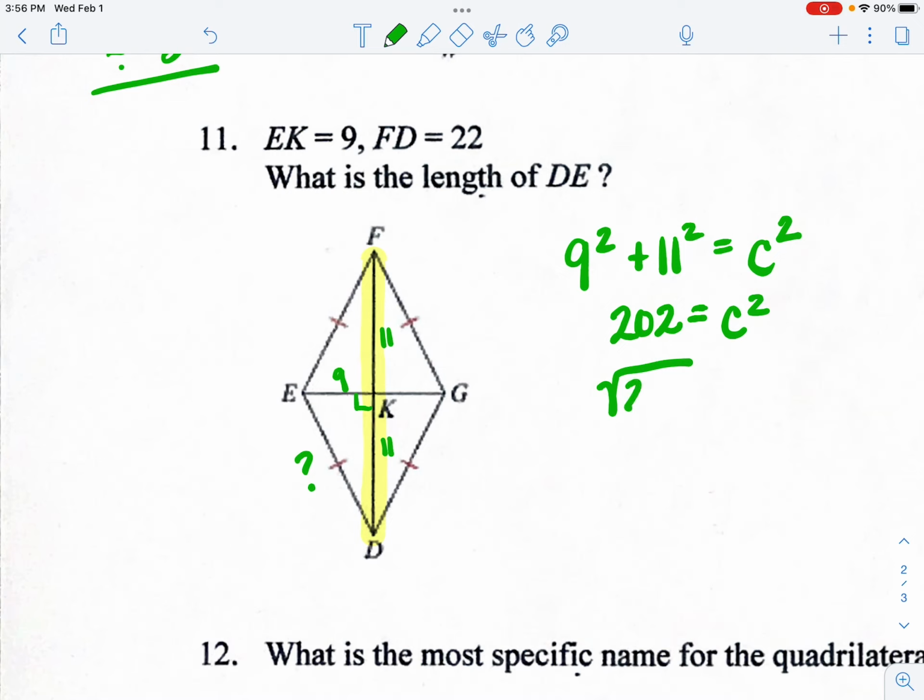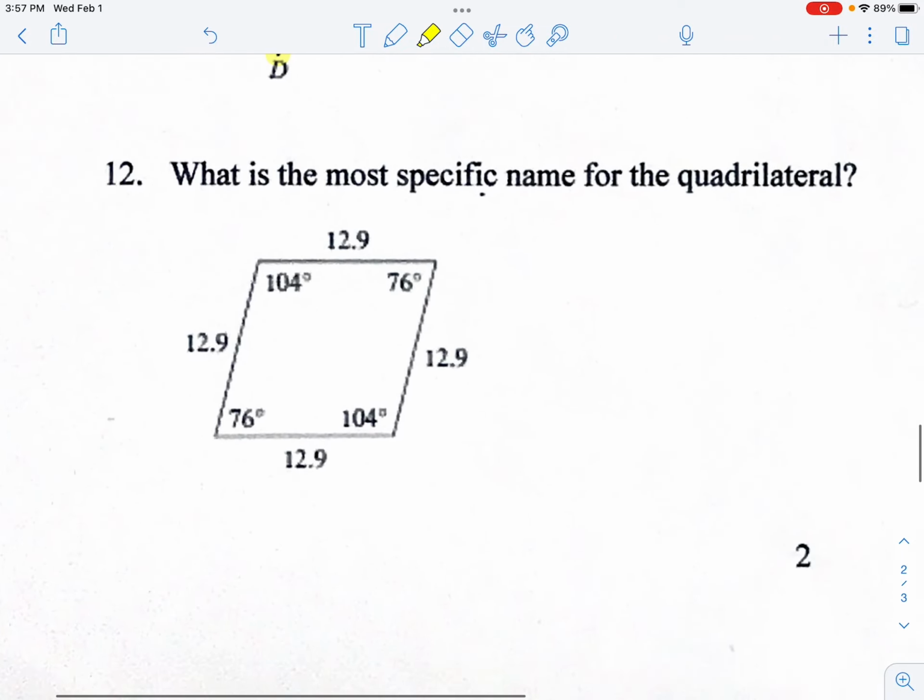And I know in order to find c, I would need to take the square root of that. I will have to round on this one. I get 14.2. So that missing side is about 14.2, whatever the units are, feet, centimeters, miles. Number 11. Okay, so number 12.